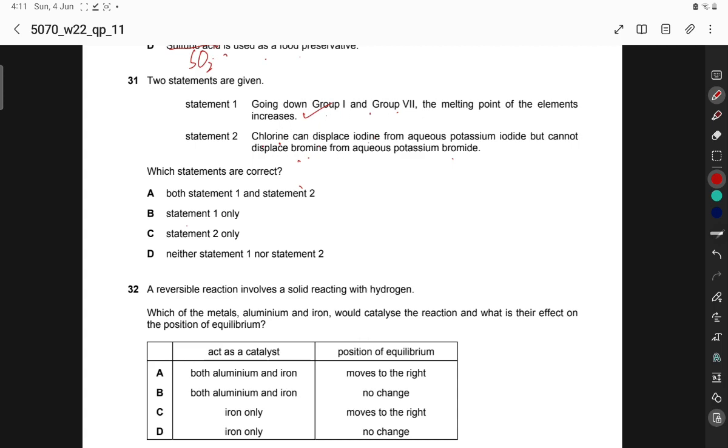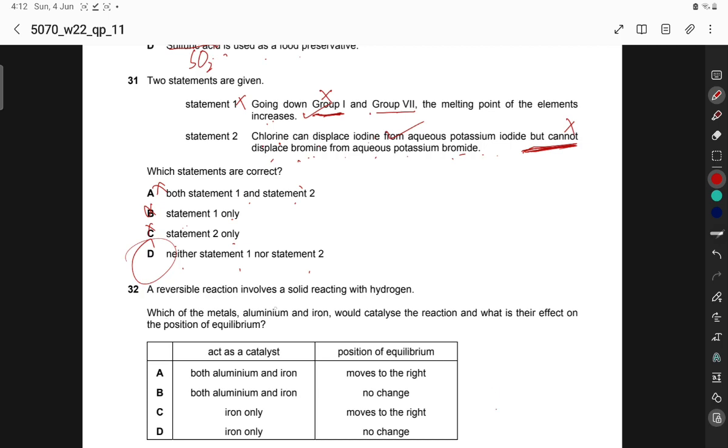Sorry, so in group 1 it decreases and in group 7 it increases. The melting point of group 7 increases, but in the case of group 1 it decreases. Statement 2: chlorine can displace iodine from potassium bromide but cannot displace bromine from aqueous potassium bromide. Please underline the word cannot. So this is incorrect. Which statements are correct? Both statement 1 and 2, statement 1 only, statement 2 only, neither statement 1 nor statement 2. This is the best option.